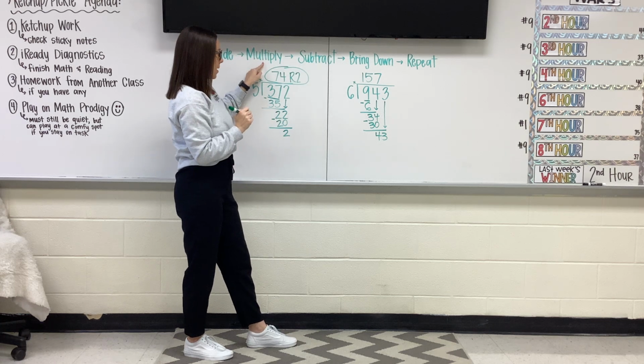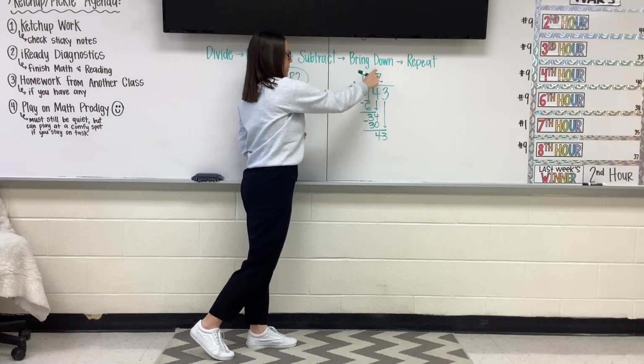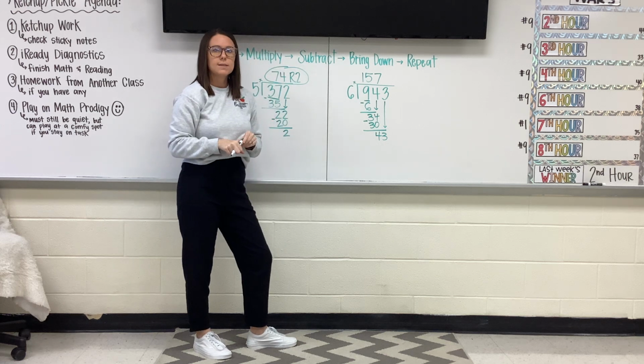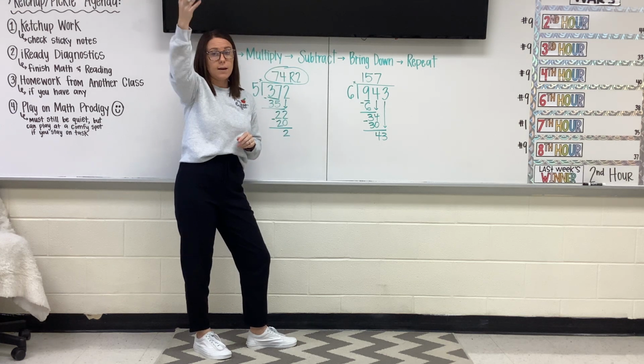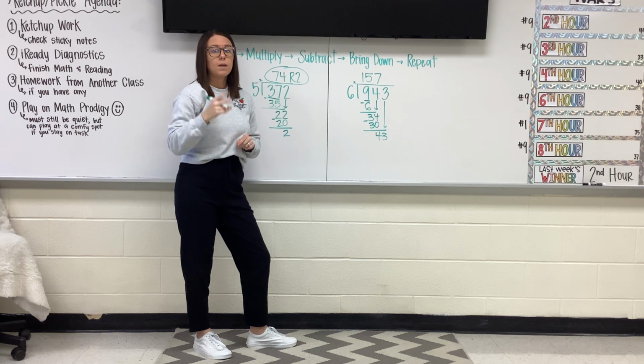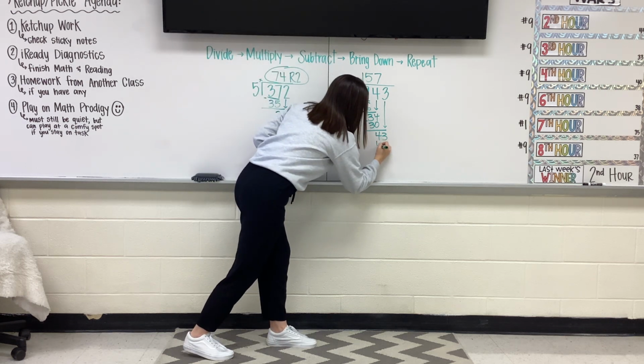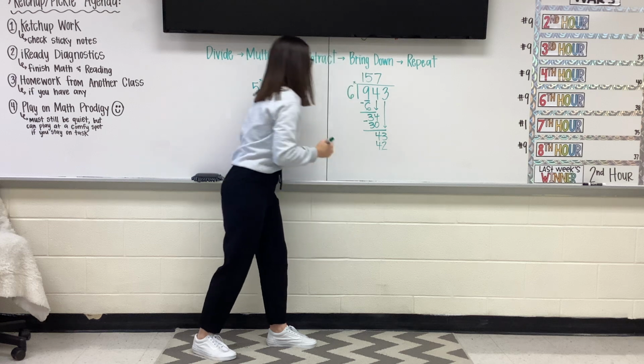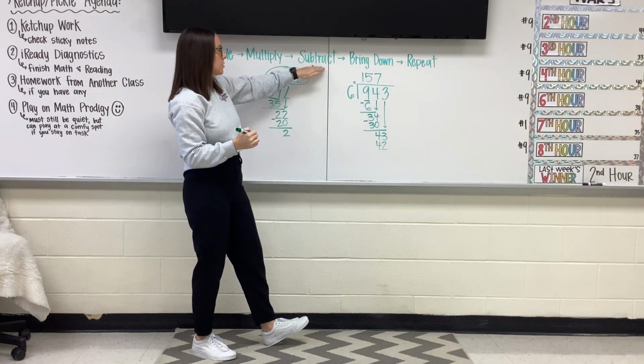Next, I multiply. So 6 times 7. What is 6 times 7? Again, I can check if I don't know off the top of my head. 42. Write that underneath, getting it ready, because I know after multiply comes subtract.